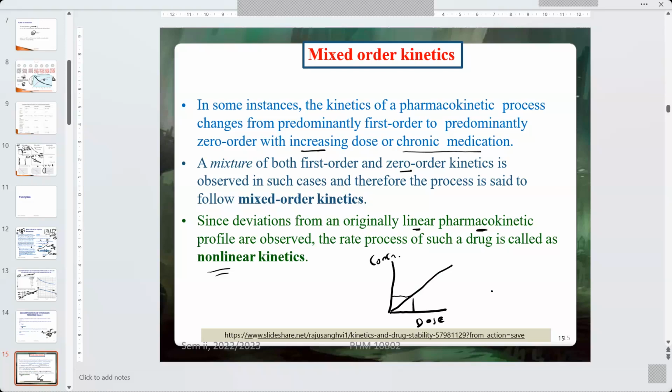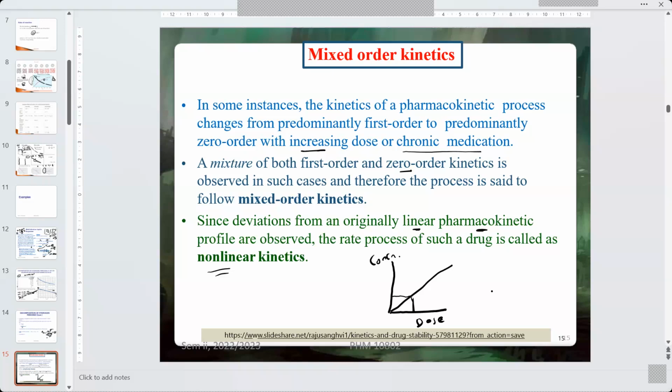So we call this linear pharmacokinetics. It means that if you double the dose, you get double the concentration in blood. You triple the dose, you get triple the concentration. You halve the dose, you get half the concentration in the blood. So this is a linear relationship between dose and concentration.